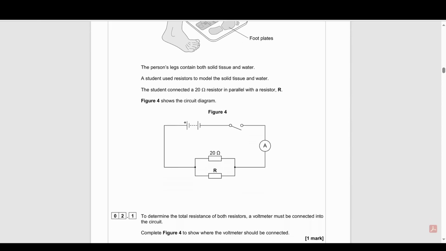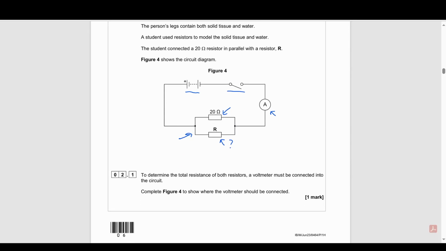So we've got a battery, an open switch, an ammeter, which measures the current, and then we have 2 resistors with one already set to 20 ohms and one R we don't know the resistance of. As it says in the question, the resistors are in parallel, and we can see that in this setup here. 2.1. To determine the total resistance of both resistors, a voltmeter must be connected into the circuit.